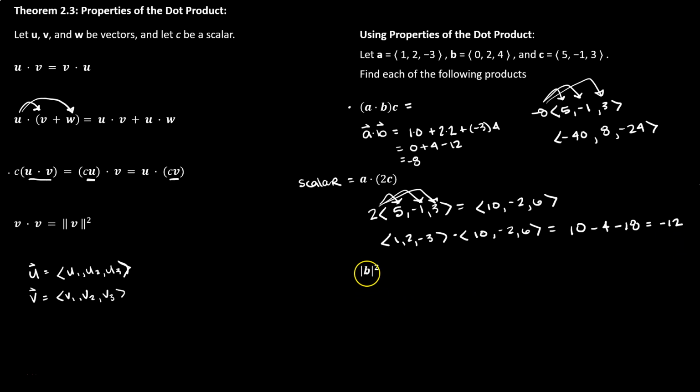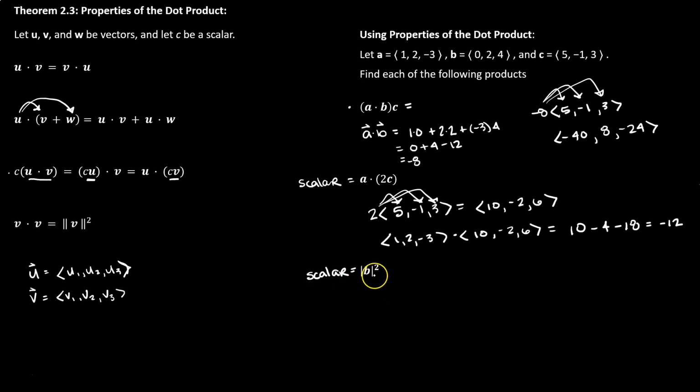We have one last one left. This says take the vector b, find the magnitude, and then square it. Working with vectors and finding their magnitudes, we know that that operation creates a scalar. And if you square a scalar, it doesn't magically turn into a vector, so this one we also expect to be a scalar.